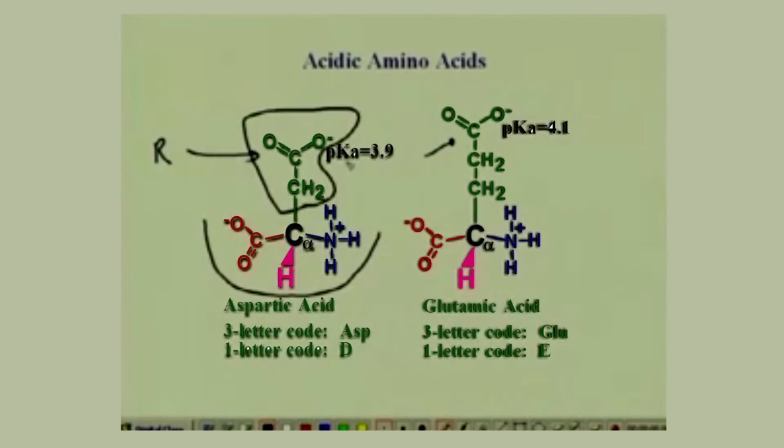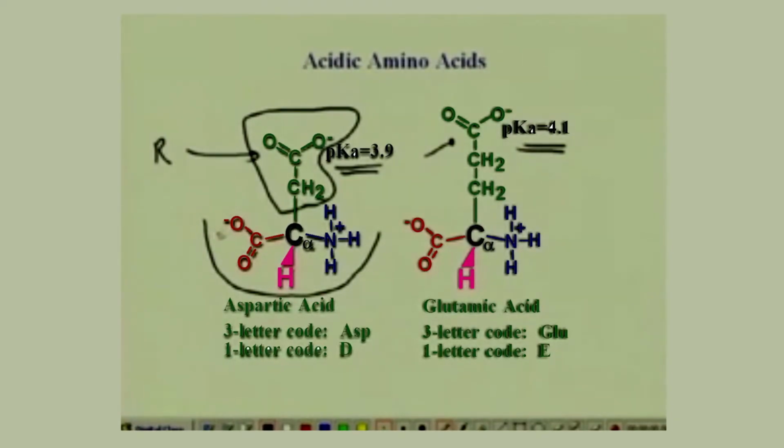Now, what we have written here in addition is what is called a pKa value. We will learn more about this in our next class, but just for preliminary information, if the pKa value is less than the pH of your solution, then your carboxylic acid is going to lose the proton.